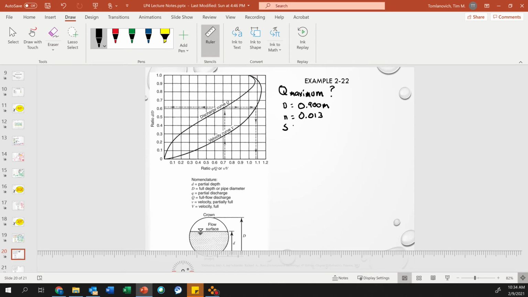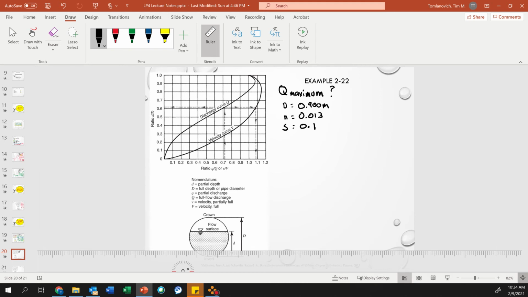And our slope equals 0.1%. Okay, do I have enough information there to find Q full? Yes, I do. So what is the maximum discharge of a 900 millimeter diameter pipe?